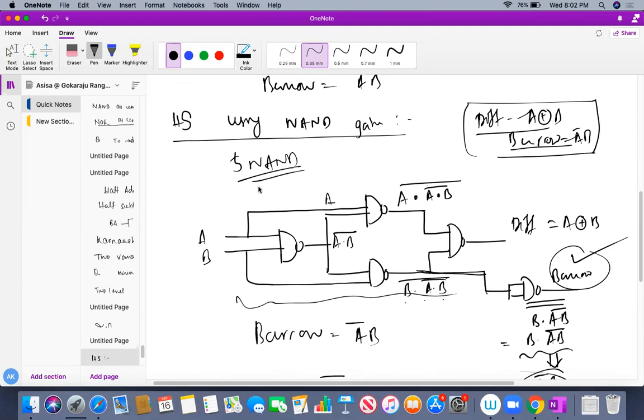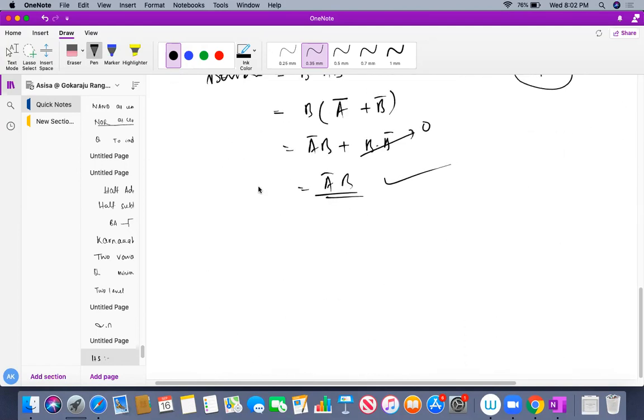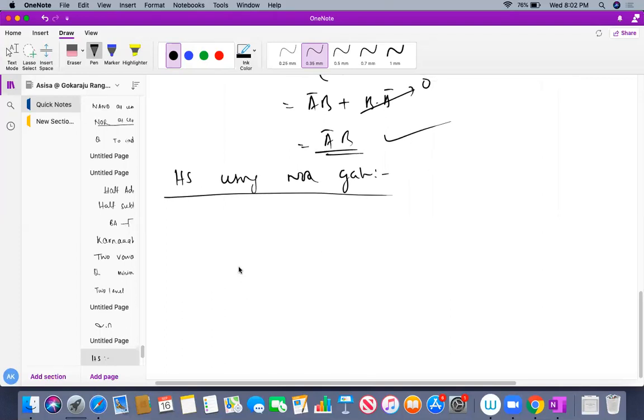Now the question is how to design a half subtractor using NOR gates. Let's see how to design it. It's very simple, you can use the same technique, because we know that my difference is nothing else but A XOR B. So how to get A XOR B?